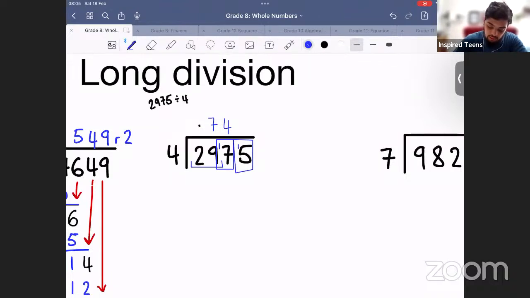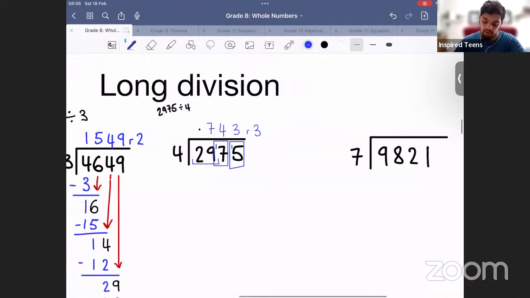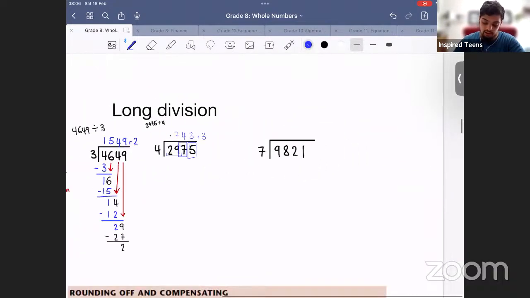Basically, you carry your remainder to the next number and use it as a tens number. In this case, we have 5. How many times does 4 go into 15? 4 goes into 15 3 times, remainder 3. So the answer to 2975 divided by 4 is 743 with a remainder of 3. Let's do another example.